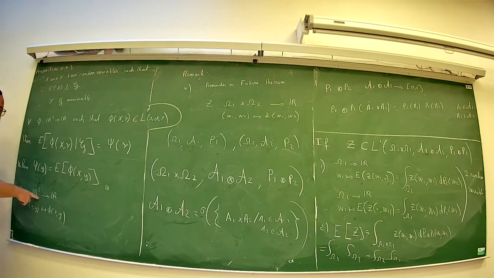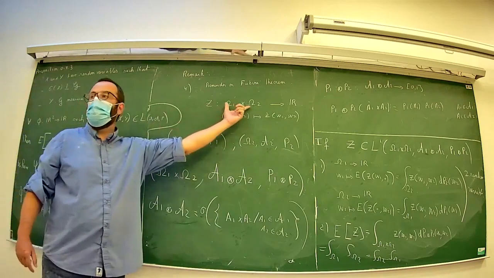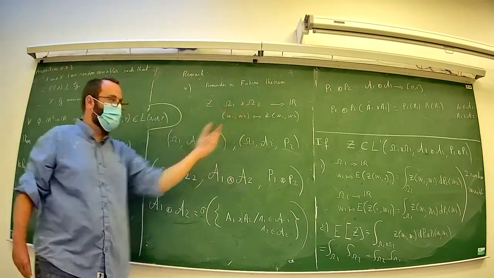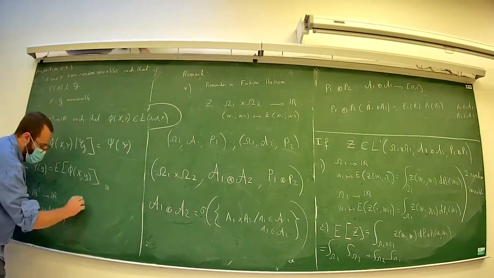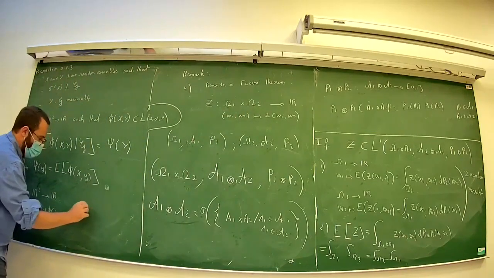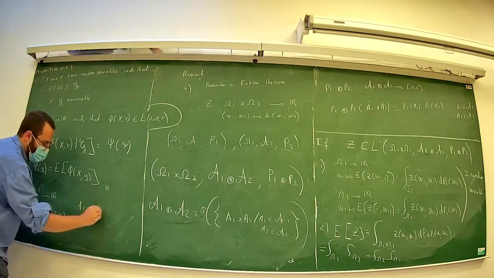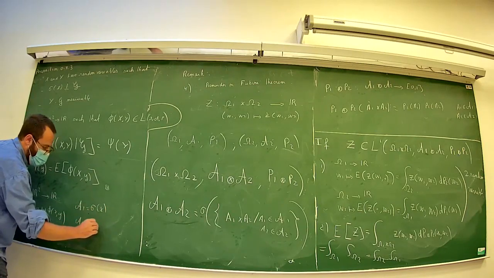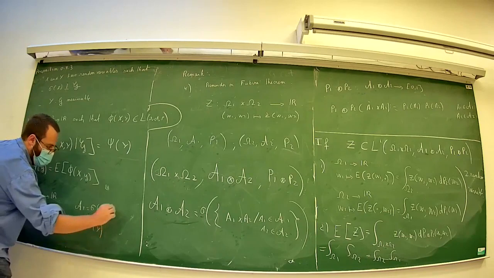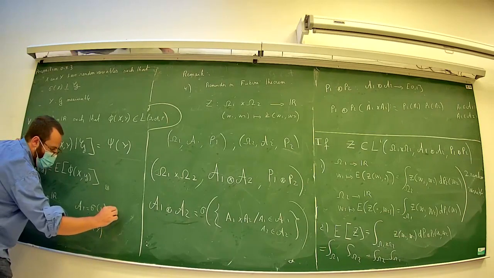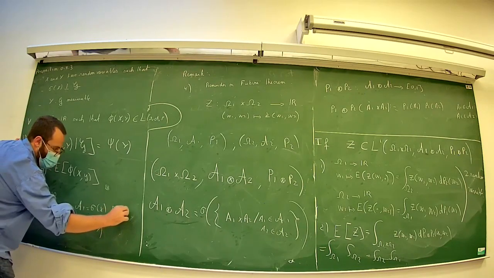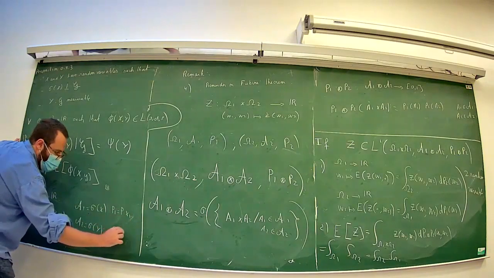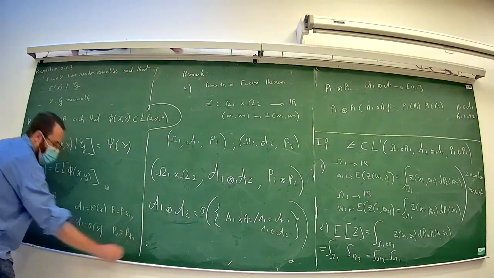I have R times R: my omega 1 is R, my omega 2 is R. I will take for A1 the sigma algebra of x, for A2 the sigma algebra of y, and I will take for P1 the law of X and for P2 the law of Y.